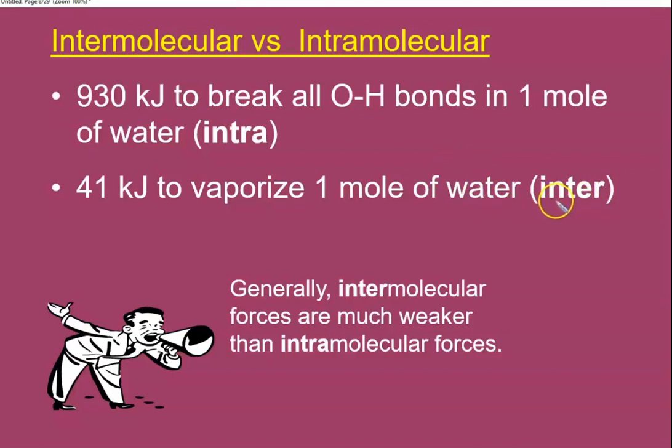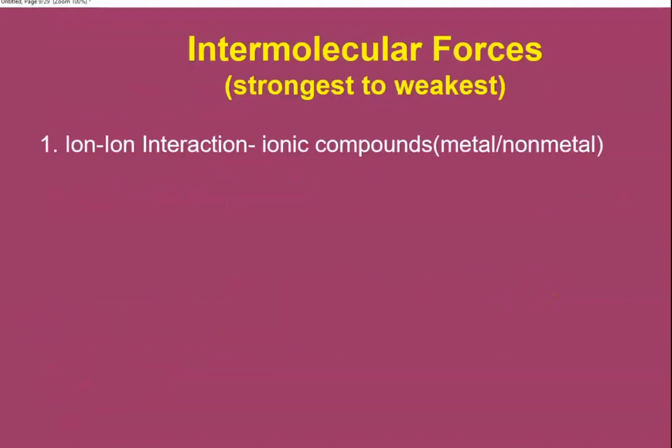It's still water. But to break the hydrogen and oxygen bonds, that's a lot more energy. Look at the difference in the kilojoules here. So when you boil water, you are not separating the oxygen and the hydrogen. So it says generally intermolecular forces are much, much weaker. So a lot less kilojoules of energy involved.